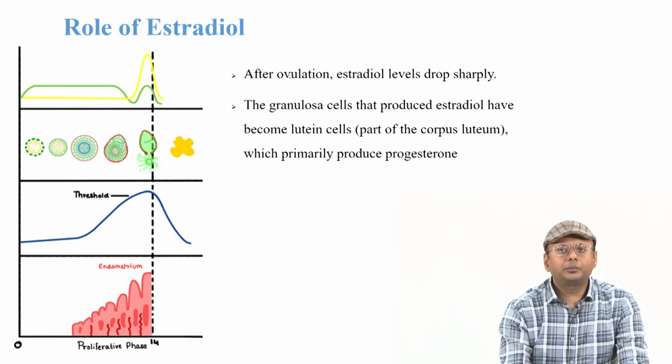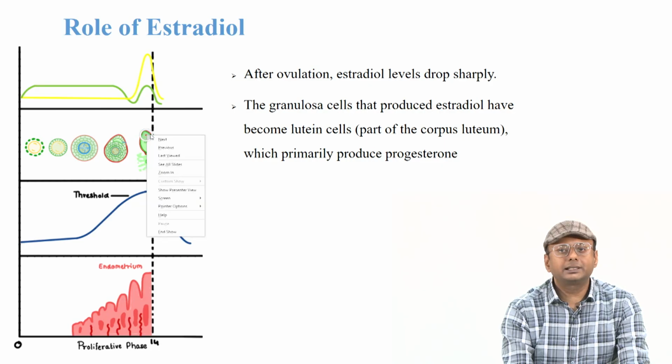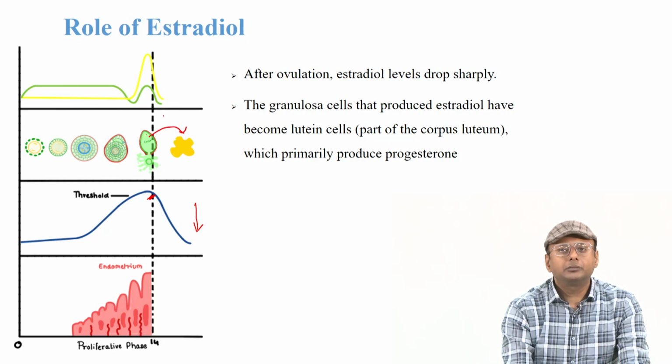Now, when the corpus luteum forms, after day 14, you can see there is a sharp decrease of estradiol, because why? The initial granulosa cells are now converted to the corpus luteum with the help of the LH surge, and this forms a yellow body.